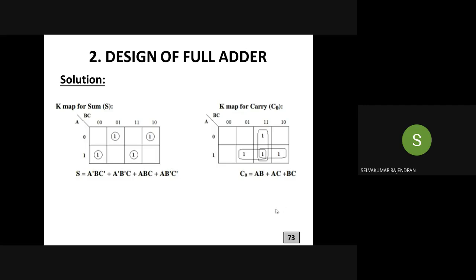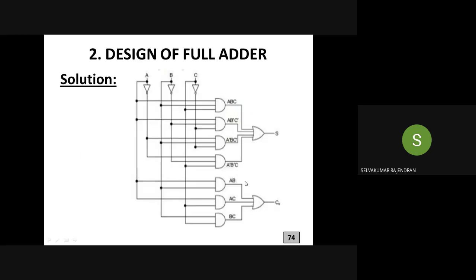Sum is equal to A XOR B XOR C. Or you can represent it like this: A' B C' plus A' B' C plus A B C plus A B' C'. For the carry output, AB plus AC plus BC. Based on this Boolean expression, you can draw the logic circuit. This circuit represents the full adder.